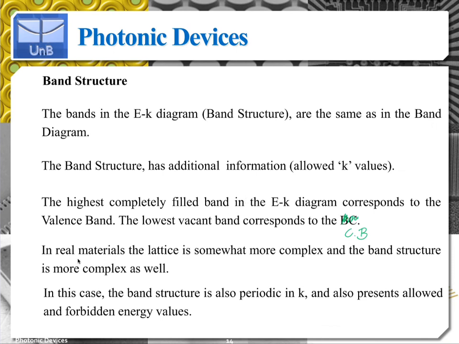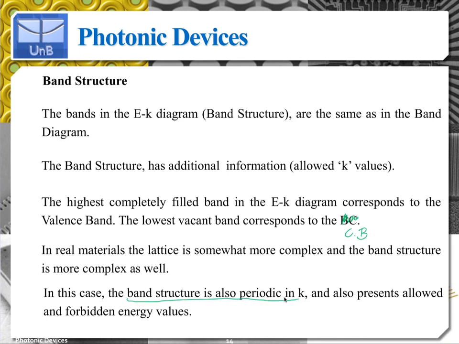So finally, in real materials, the lattice is somewhat more complex because it's three-dimensional. So the periodicity, for example, in a diamond lattice is not as simple as the 1D periodicity that we just saw. And the band structure, accordingly, is going to be more complex as well. In this case, the band structure is also periodic in K, so this remains true.